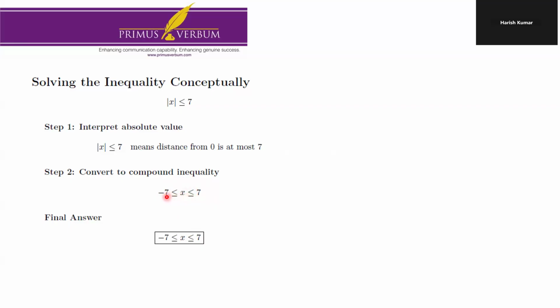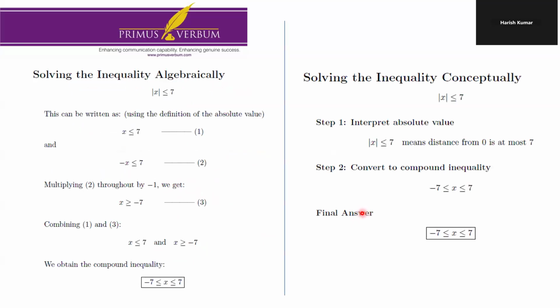So when x takes these values, it will be at most 7 units from 0. So we get this through conceptual understanding. We can now see both of them together, given side by side for your verification and understanding.